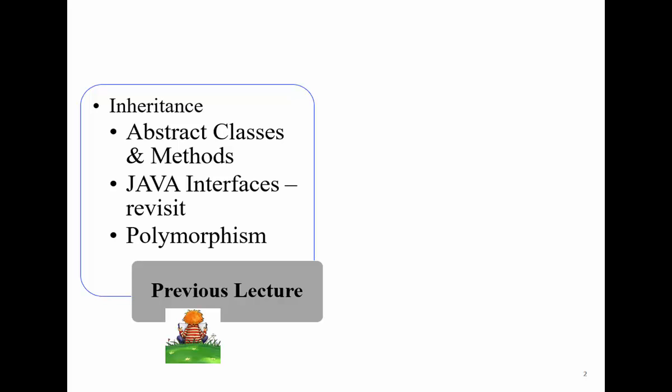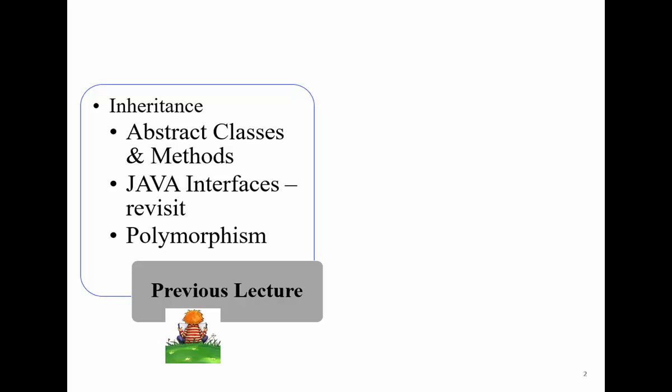We mentioned that Java supports a single parent, so with inheritance you can extend only one class. But in Java, you can implement as many interfaces as you want, okay?